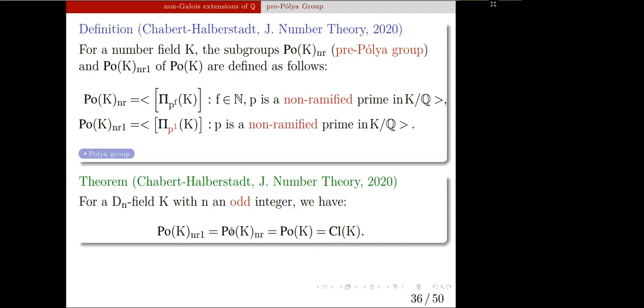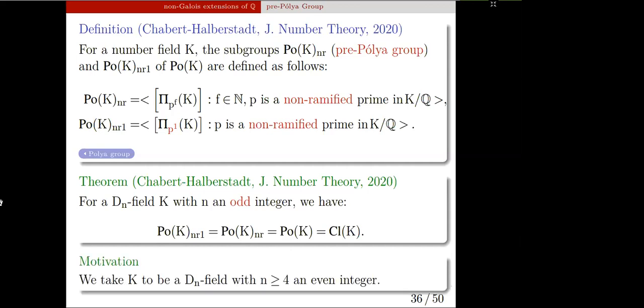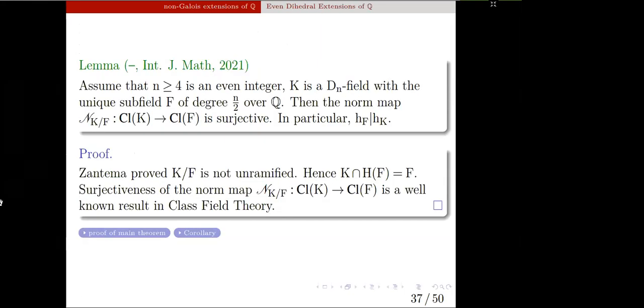But this theorem motivates us to take K to be a D_n field for an even integer to complete this classification. So I'm going to talk about my new results about the pre-Pólya group of even dihedral extensions, which is the last section of my talk.